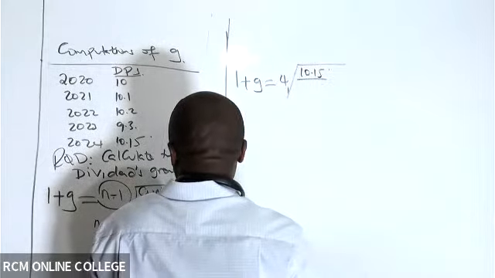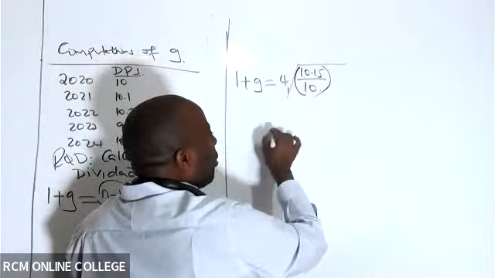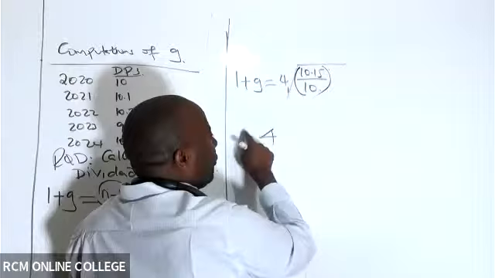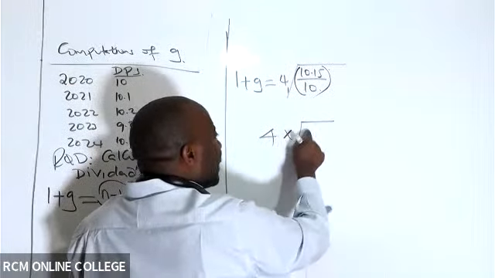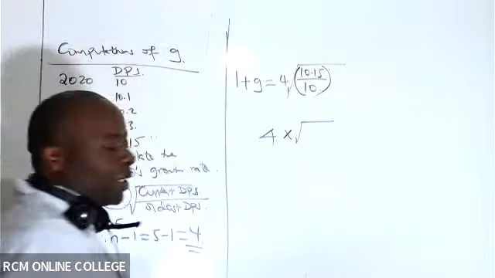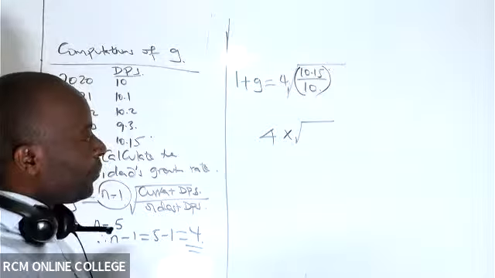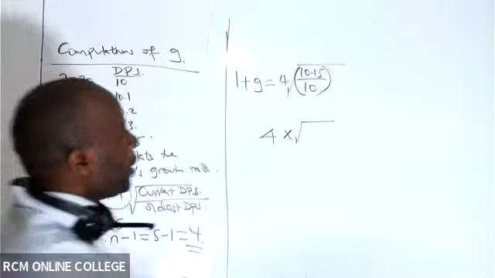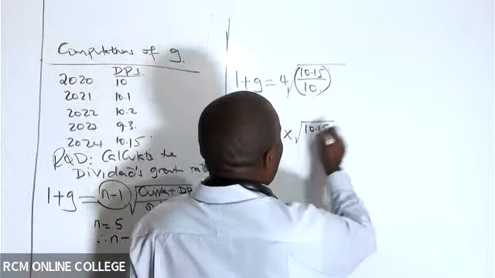Please remember to put this in brackets. And remember, we're not using the normal square root. I will say 4, and then I say shift, so that we get the x root. So 4 x root, then 10.15 divided by 10, and surely you're putting this in brackets.